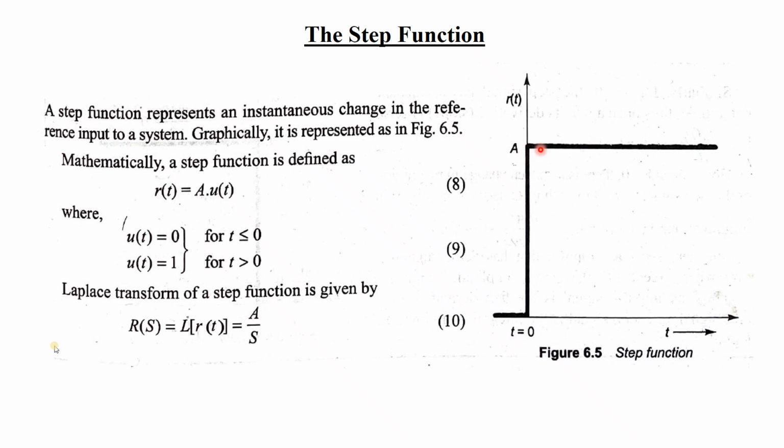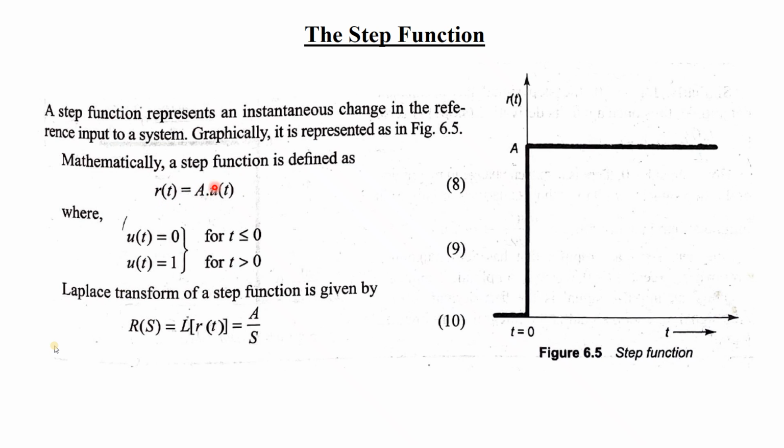If it is greater than 0, then you get 1. So this step is like a direct current. When the time is just above 0, you get the signal. If it is less than 0, the magnitude is 0.